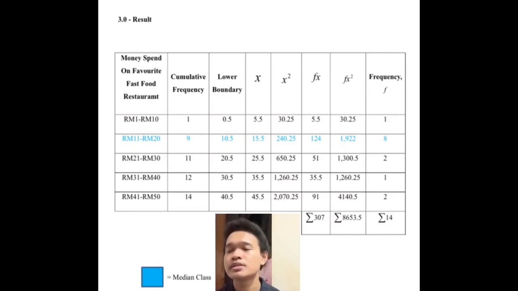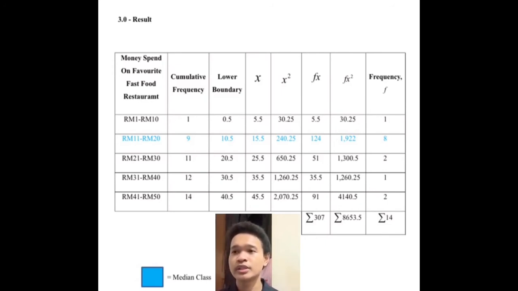The fourth column is X. How to get X? The formula for X is the addition of the class limits divided by 2. For example, RM21 plus 30 divided by 2.